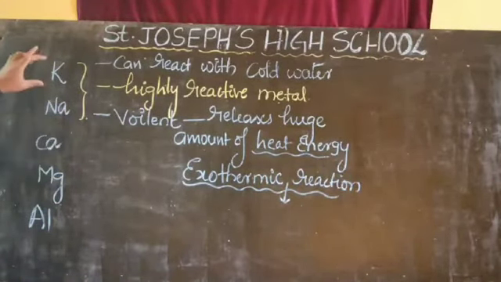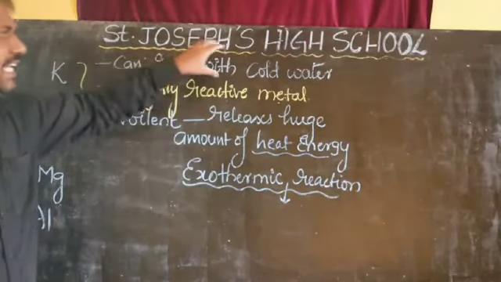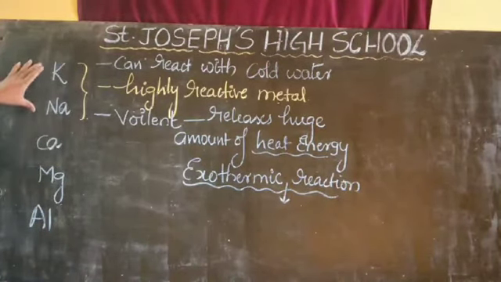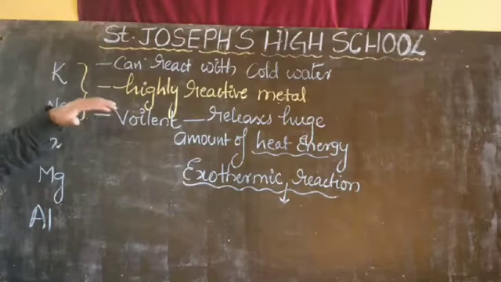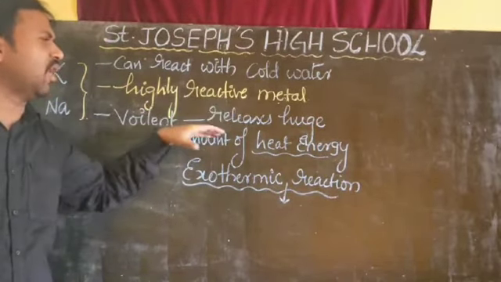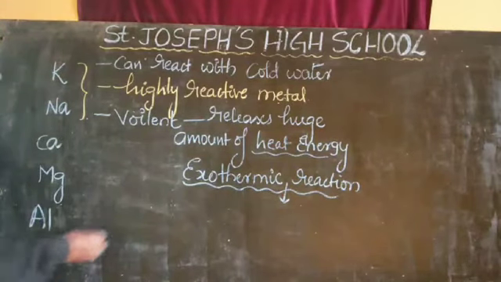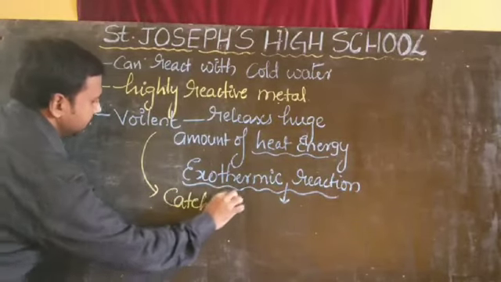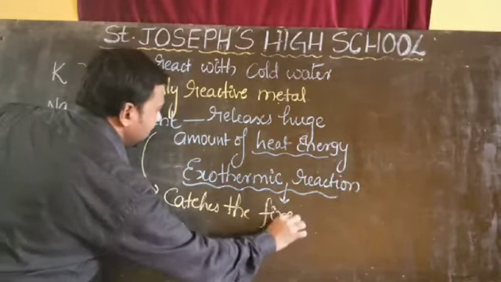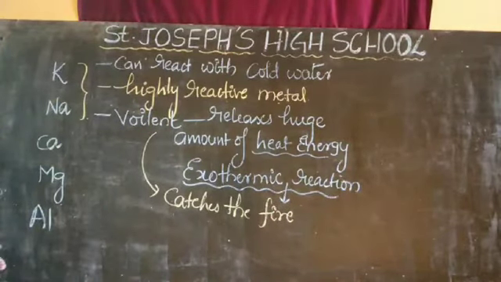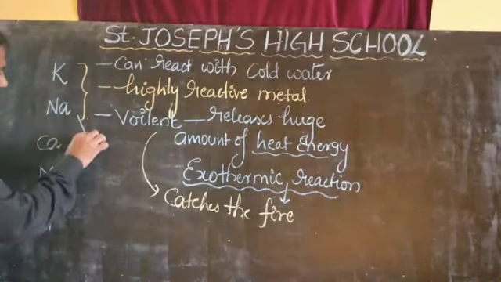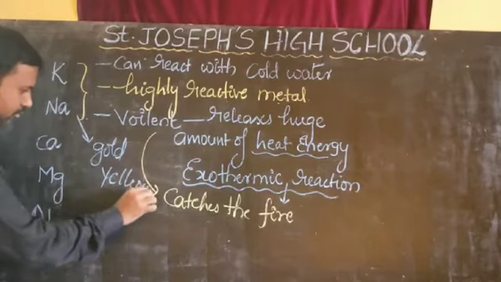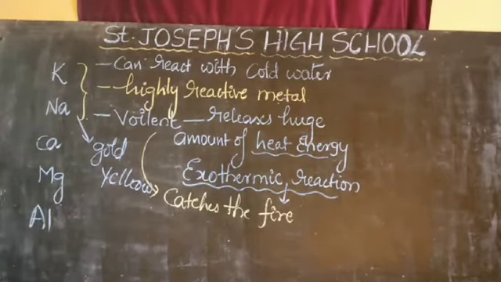Once again, potassium and sodium can react even with cold water. They are highly reactive metals, and when these two react with water, the reaction is violent because it releases a huge amount of heat energy, and after a few seconds it catches fire.